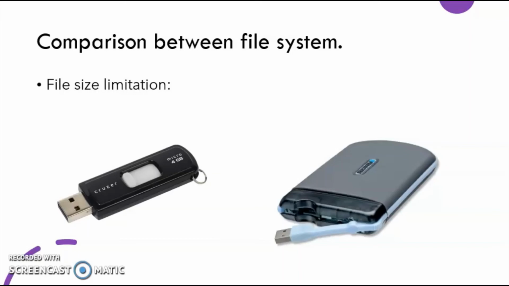Hence, any file that is over 4 GB cannot be stored on a FAT32 device. Even though the device shows that it can store 32 GB of data, the individual file size cannot exceed 4 GB, compared to ext4, which allows the user to store files and partitions of larger size. This enables users to store files much larger than the 4 GB allowed by FAT32.